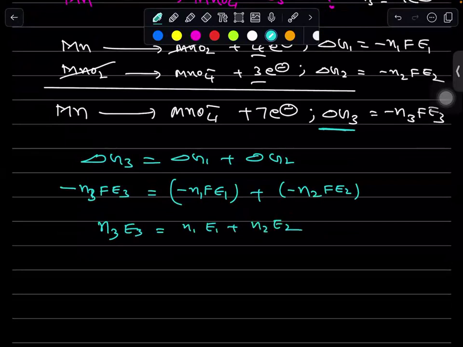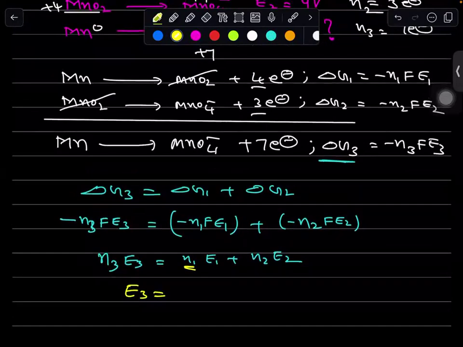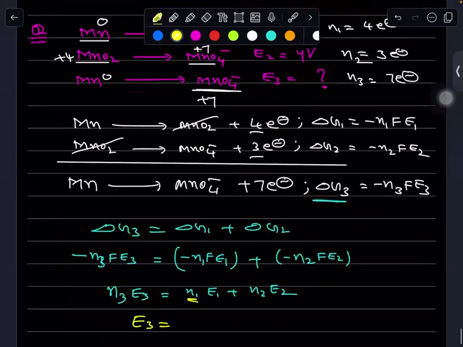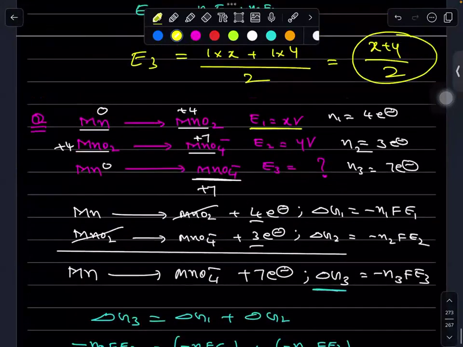Let's substitute the values here. E3 equals N1, where N1 means the number of electrons involved in the first equation. What is the number of electrons involved in the first equation? 4, sir. And what is the electrode potential given? X. The E1 value I have given in the question.